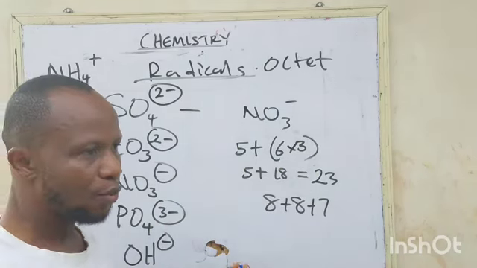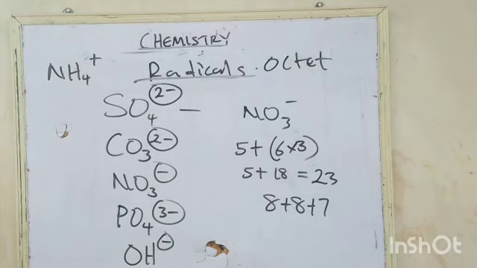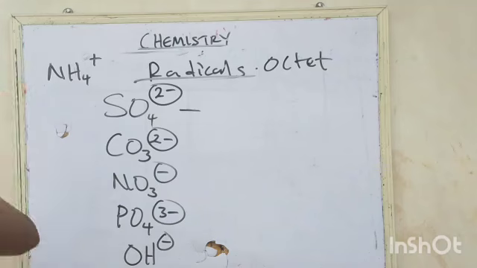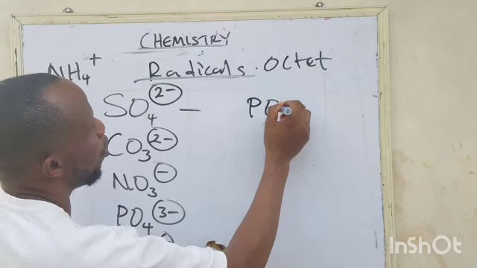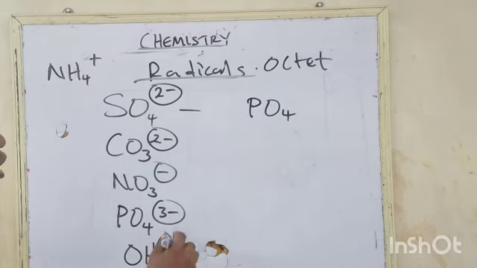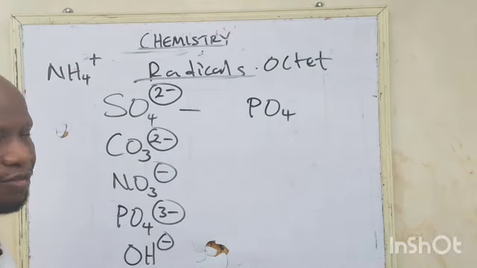Adding up. Now let's look at one more before we call it a day. For phosphate, let's look at phosphate quickly, PO4. Let's find out the radical. Phosphorus is in group 5.